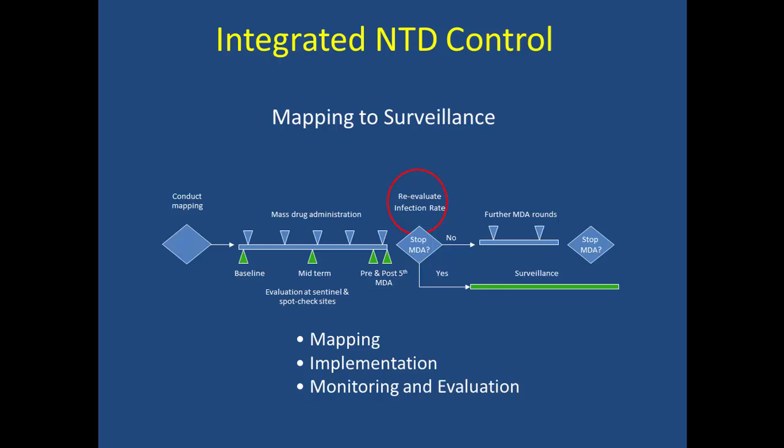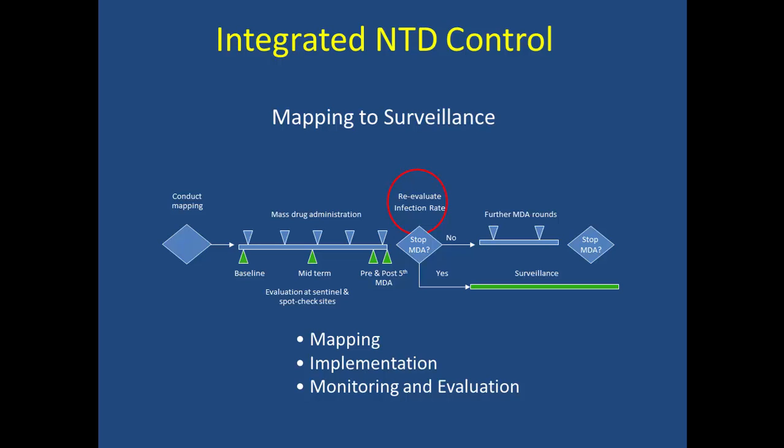What happens is you want to map the disease first. You want to find out where it is, who is infected at the community level. So you take a survey in different communities, with small sample sizes in various communities spread out randomly throughout the country, and figure out what the percentage of infection is, who's infected, and so on. Once you've established where to do the control program, you do mass drug administration for multiple years.